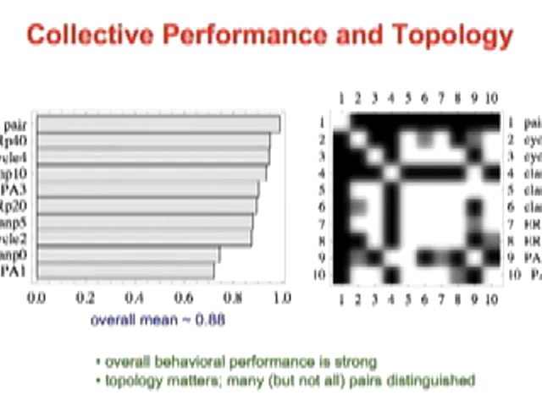Black is a significant distinction at the 5% level, and gray is at the 10% level. The upshot is that overall performance is strong, topology matters, and many but not all of these pairs are distinguished. Certain topologies, like the pairs topology and the clan P0 topologies, which are at opposite ends of this performance spectrum, look different from almost all the other ones. We'll say a little bit more about why that's the case in a minute.